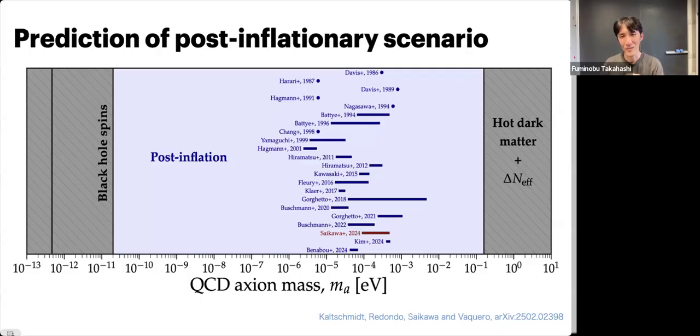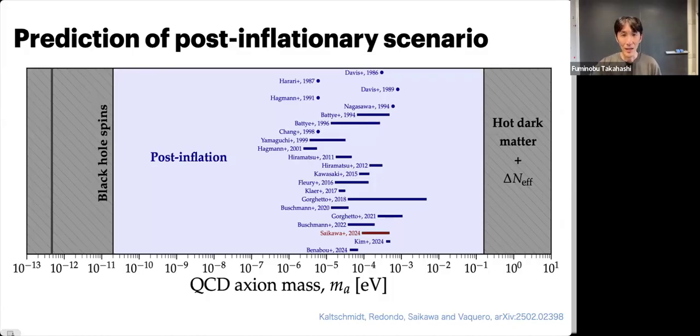Although there is some inconsistency or tension between different authors, all of them seem to suggest an axion mass around 0.1 milli-electron volt, or around 1 milli-electron volt, to explain all dark matter by the axions produced by the topological defects. This is the current situation.